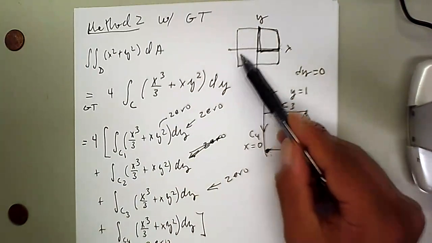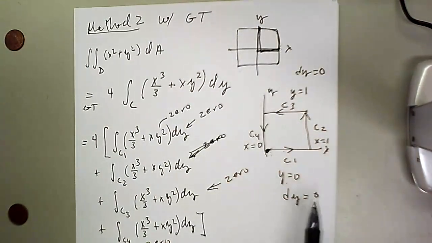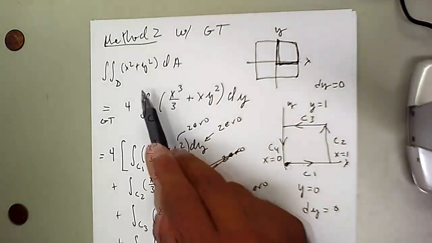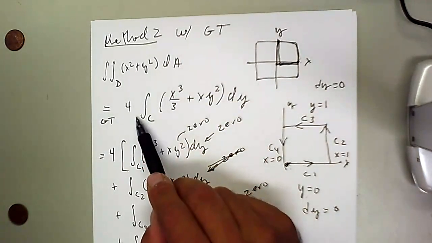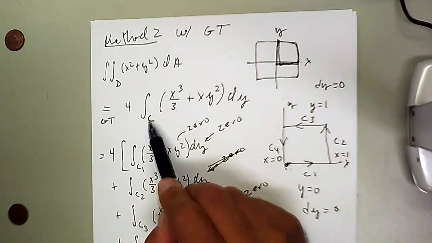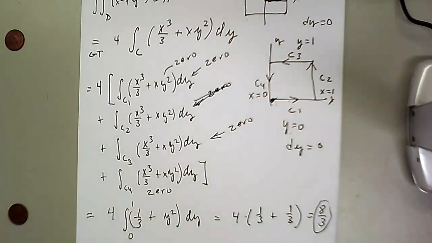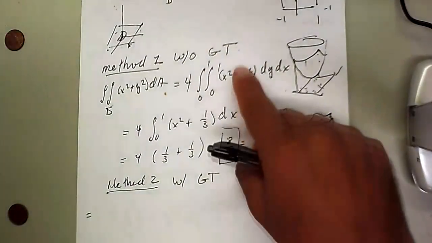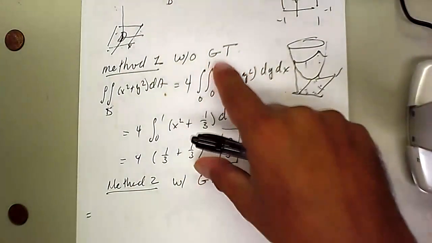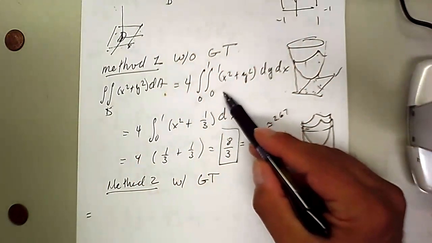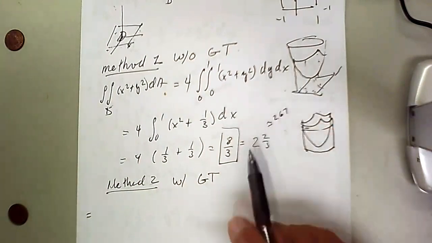Do practice going through different paths on the integrals. In this case, using Green's theorem to convert a double integral into a line integral, in my opinion, is way more work than had we just stayed with not using Green's theorem and just found the double integral, and that's it.